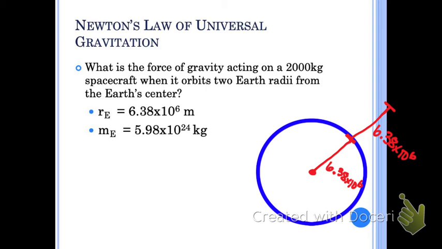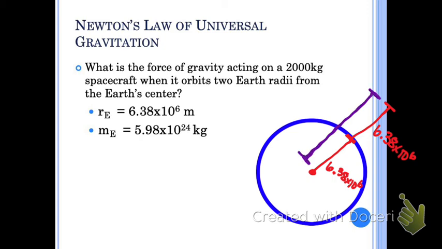We're not just looking at the radius from the surface of the Earth. When we do problems that involve the gravitational force between an object and the Earth, we're always going to look at our radius as the distance from our object to the center of the Earth.